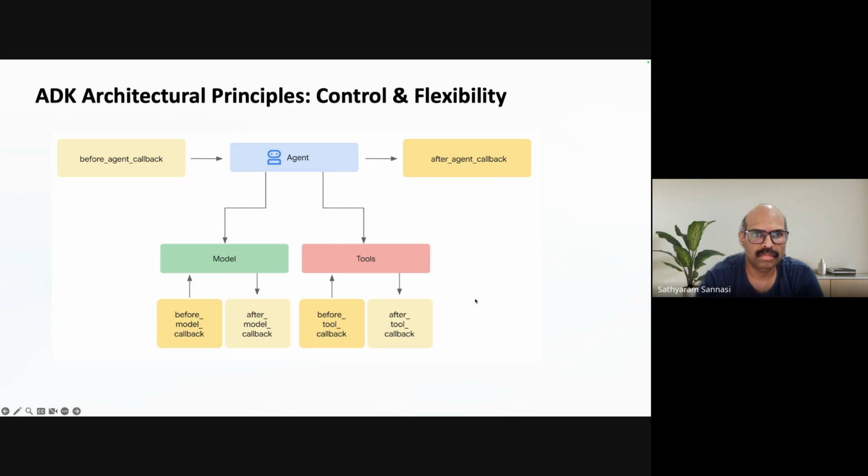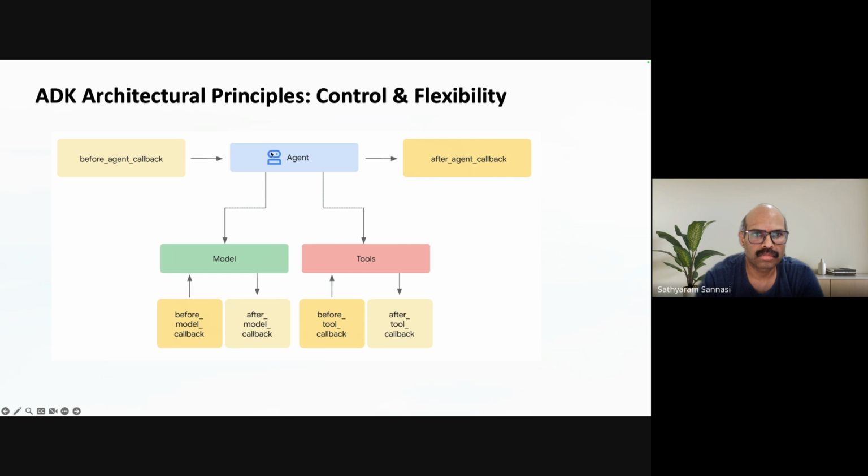Again, this is something that is important to understand. Here you have the agent, the model, the tools, and all these callbacks: before agent callback, before model callback, and before tool callback.